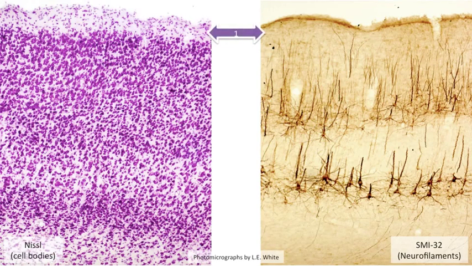The first layer is considered just this outer layer, which is right up against the pial surface. So this is the pial layer out here, and just below the pial layer is a region where we don't find a whole lot of neurons. What we find here is actually a whole bunch of axons and myelinated axons.